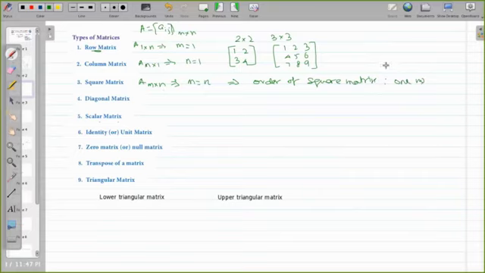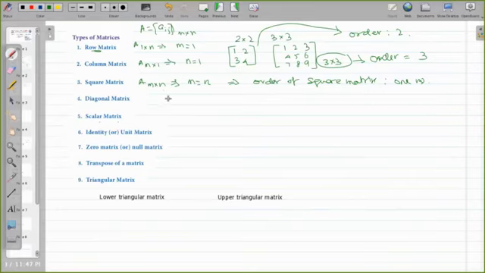So if it is 3 by 3, we can say the order is 3 itself. For the 2 by 2 also, we can say the order is 2 only. But for other rectangular matrices, we have to say 2 by 3, 3 by 4, 4 by 5, like that. Okay, children? Now, this is what a square matrix is.